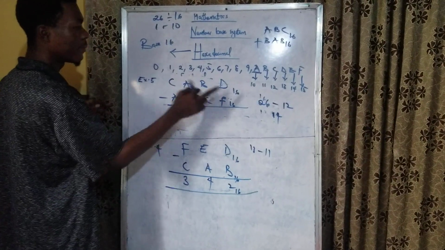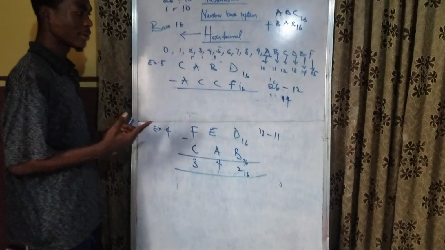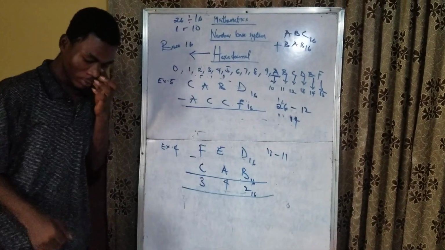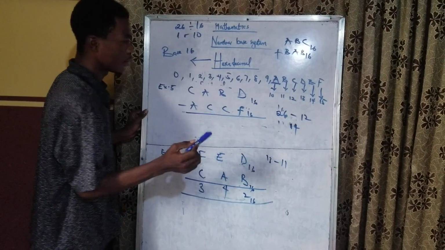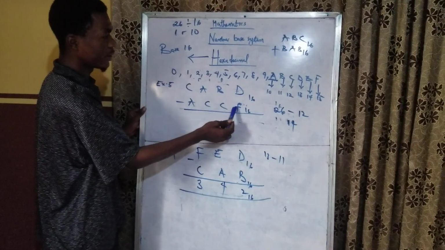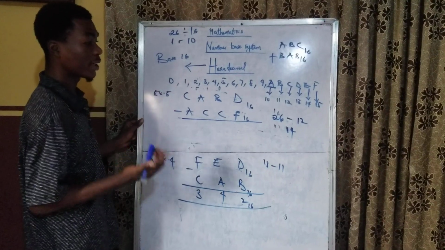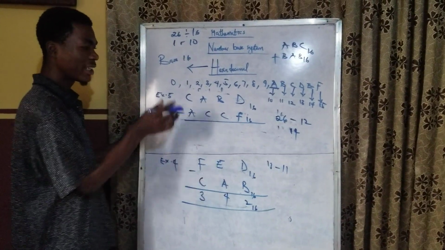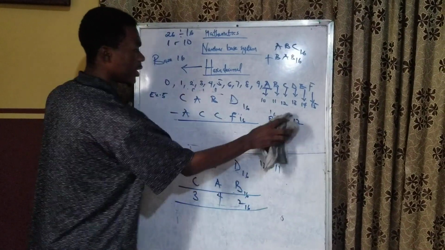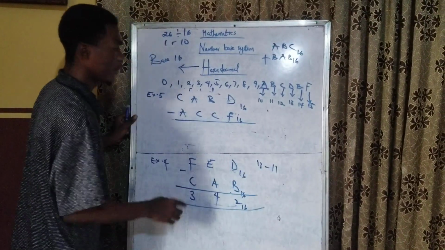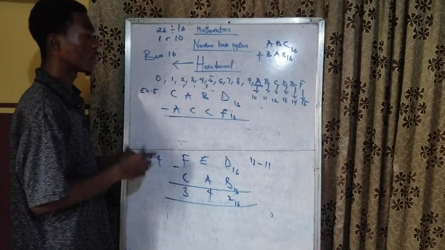Now D minus F, that is 13 minus 15, that's impossible. So what do you think we're going to do? That is minus 2. Yeah, but there are other ways of doing this. I also have a short way of doing this, but I will explain in the next class.